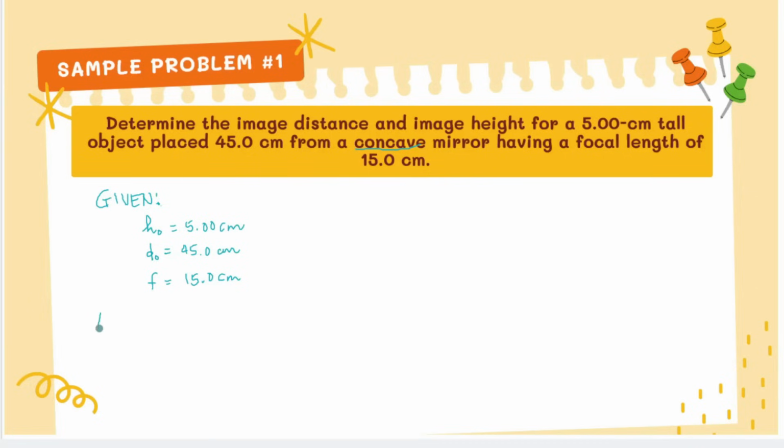So, dalawa ang ating hinahanap. We have image distance, DI, and we have image height, HI. So, dahil meron tayong involved na DI at HI, gagamit tayo ng dalawang formula. We have the mirror equation.